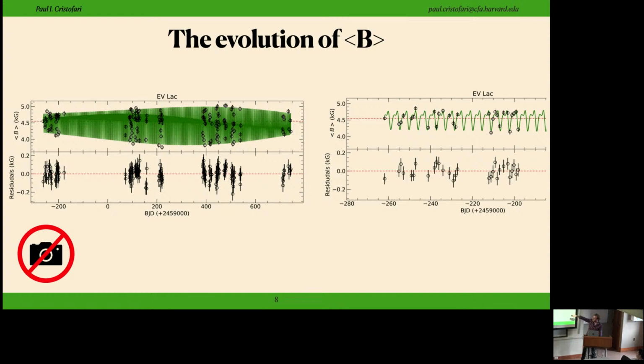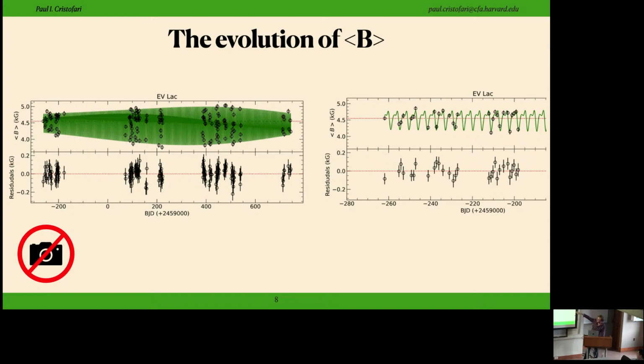From this, we can fit a quasi-periodic Gaussian process, which has been used before on large-scale field, on longitudinal field, for example, in order to measure the rotation period of the star. And interestingly enough, well, that was expected, we retrieve the rotation period of these stars. But now we can actually use that to also see how the small-scale magnetic field evolves with time.